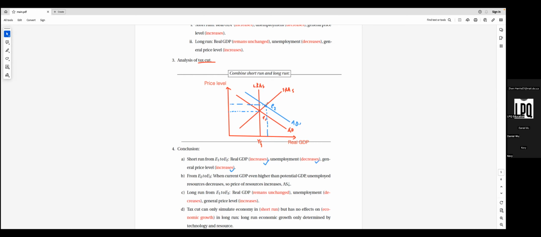That is why we call this one a short-run GDP. It can only last during a shorter period of time. Through some kind of channel, by some means, this short-run GDP will go back to the normal.